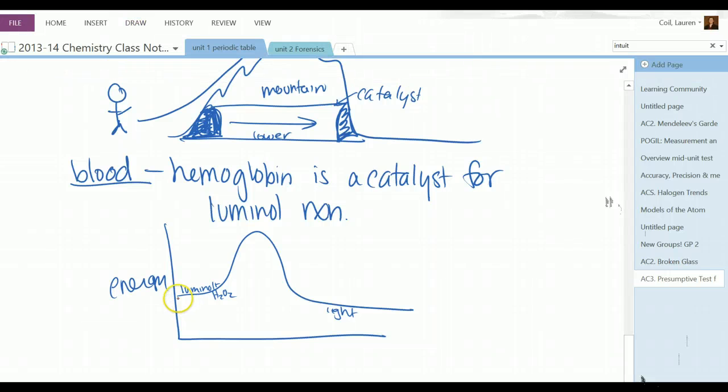When we add the blood, and I use red because it's kind of like blood, we have our reactants, the energy is now lower. The activation energy is now lower because the blood has catalyzed that reaction. Now the blood itself does not get used up in the reaction. It doesn't actually react with the hemoglobin. It just acts as a catalyst.